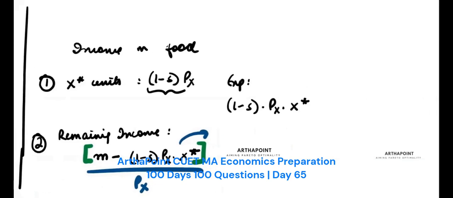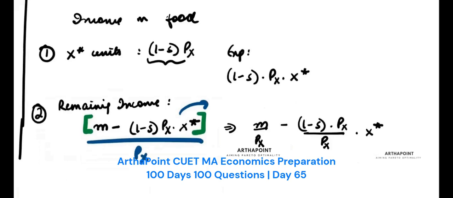So if I go ahead and I solve for this, I will get M by PX minus (1 minus S) into PX by PX into X star. So this is going to be M by PX minus (1 minus S) into X star.